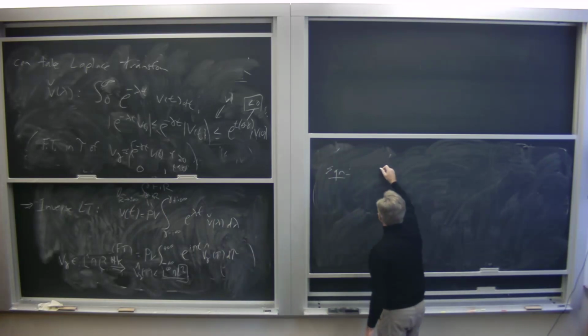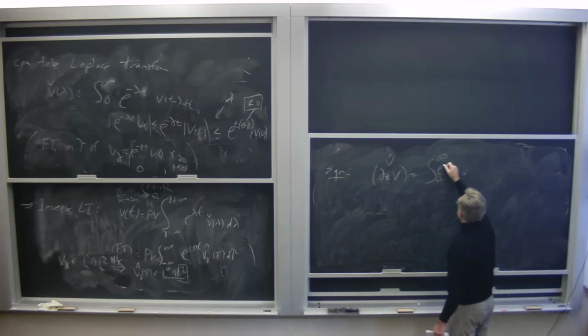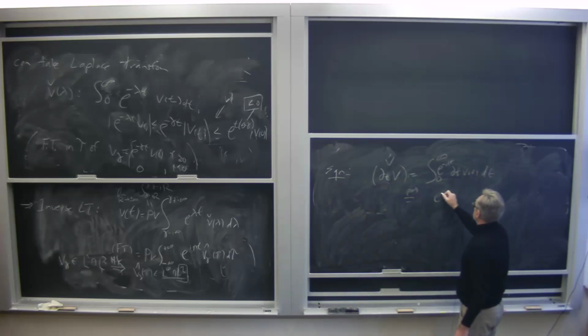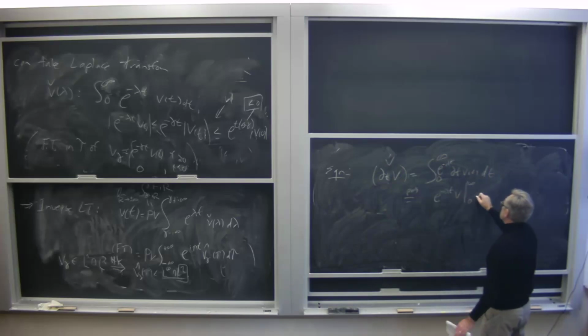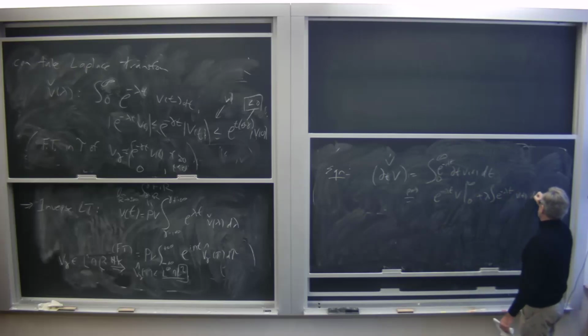But first we note the familiar fact that if we take d/dt of v and take the Laplace transform, that's the integral from 0 to infinity of d/dt v of t times e to the minus lambda t dt, and we'll go by parts and get e to the minus lambda t v from plus infinity to 0, and then plus, because there's a minus here, plus the integral of lambda e to the minus lambda t v of t dt.